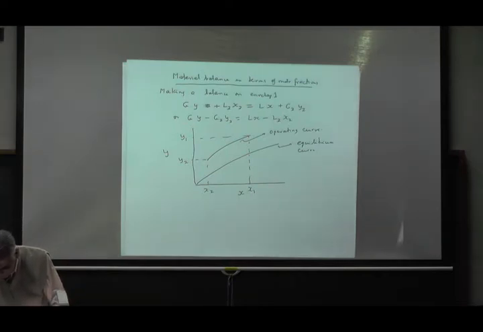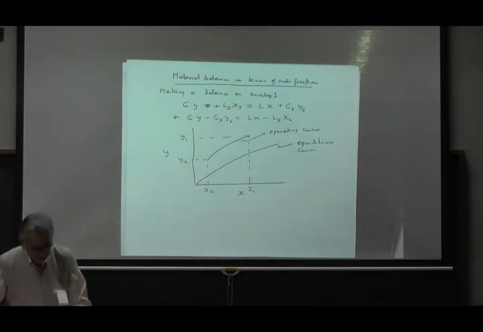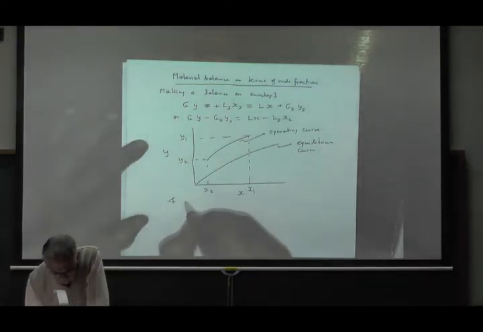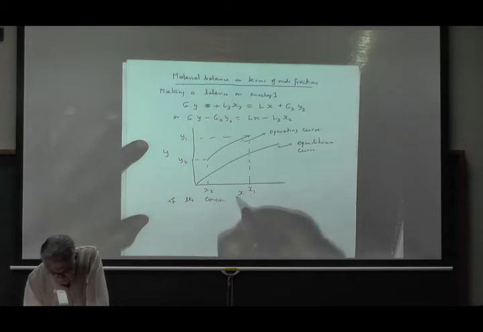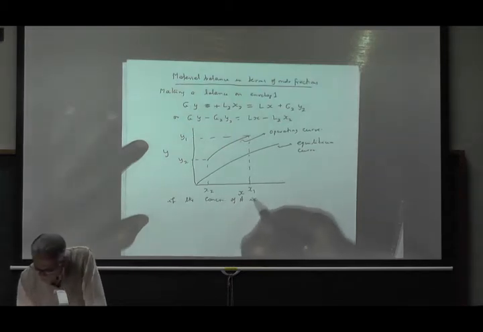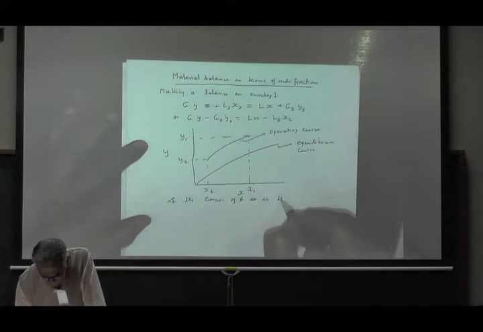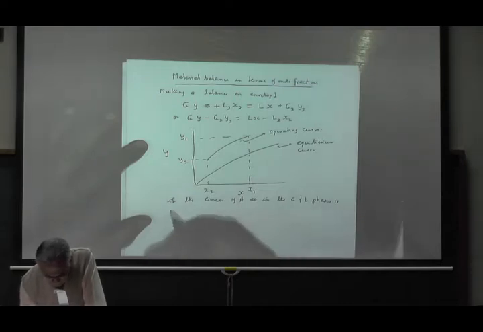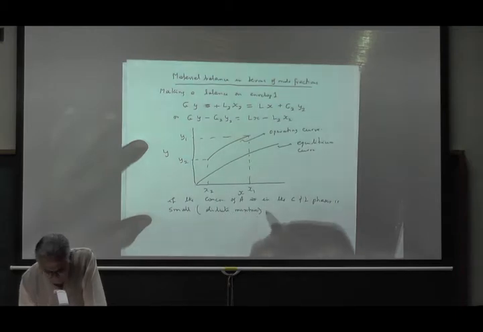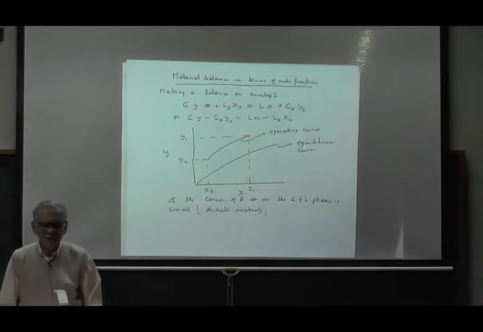If the concentration of A in the phases is small, then the variation in L and G is not that much. So if the concentration of A is small, that means a dilute mixture, then what is the simplification?